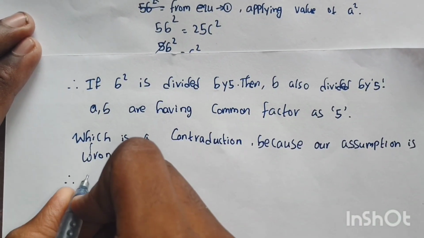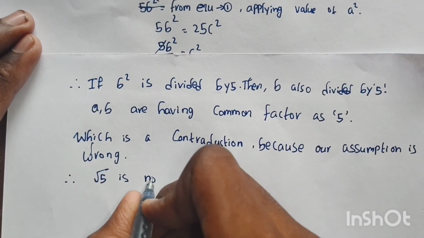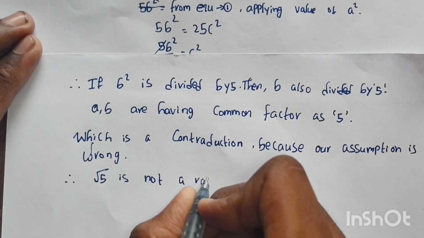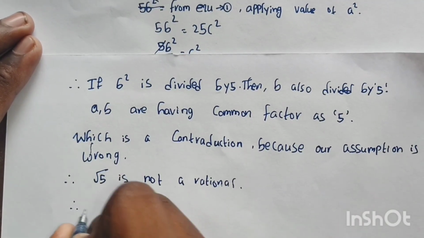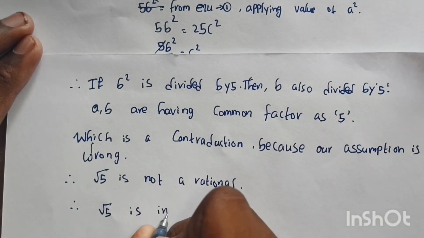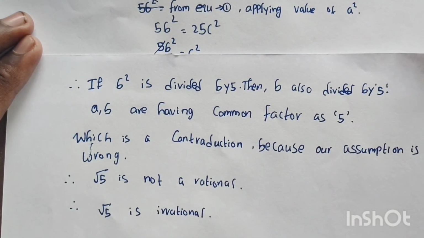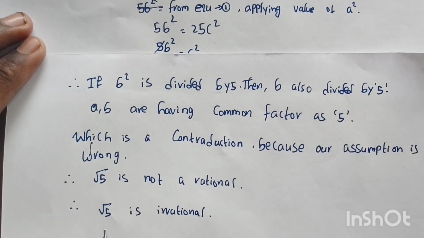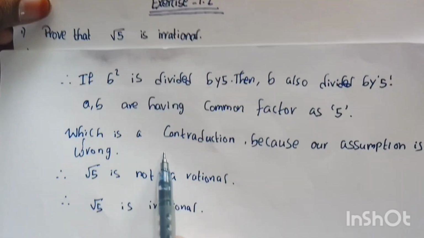Therefore, what we got? Root 5 is not a rational, and it means root 5 is irrational. Hence we prove that root 5 is irrational.